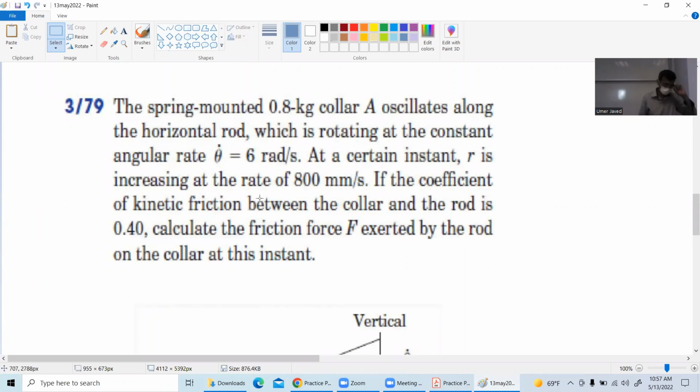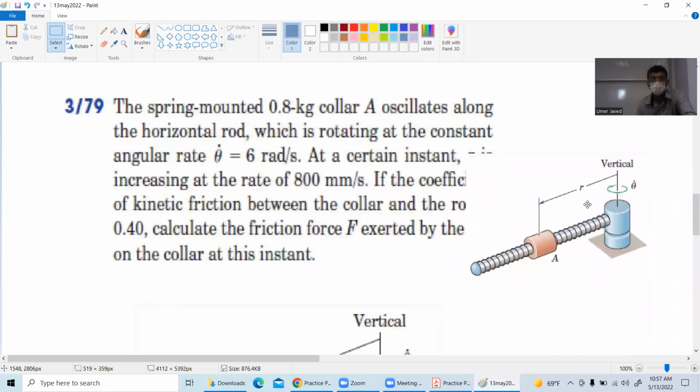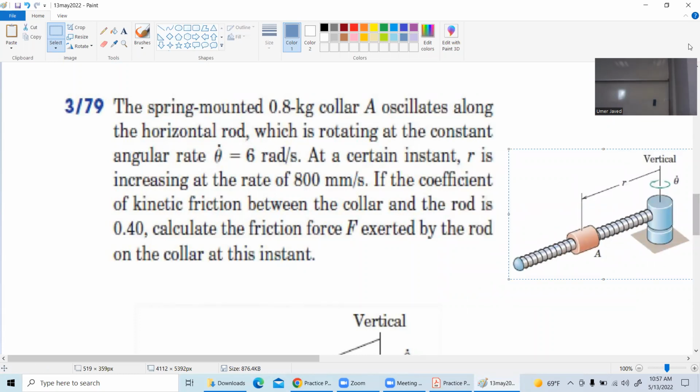Anyways, first write this. Along the horizontal rod, right?